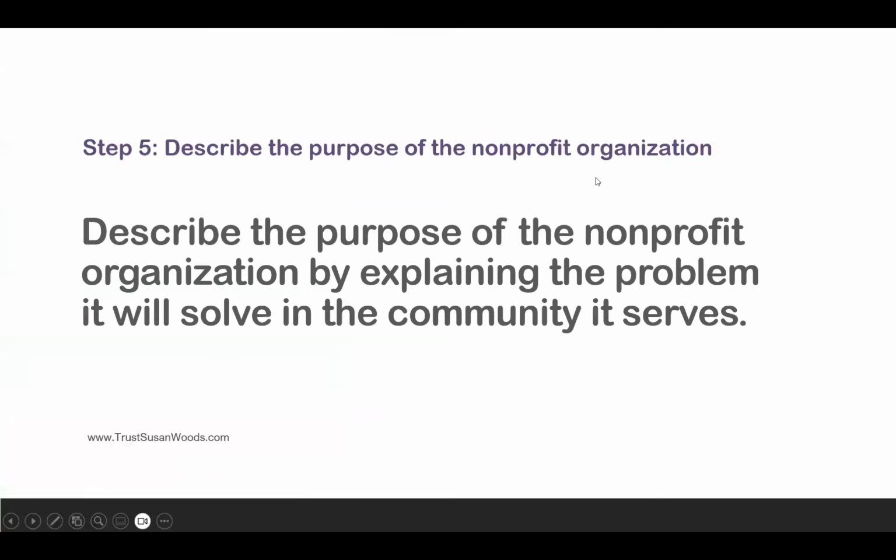Describe the purpose of the nonprofit organization by explaining the problem it will solve in the community it serves.